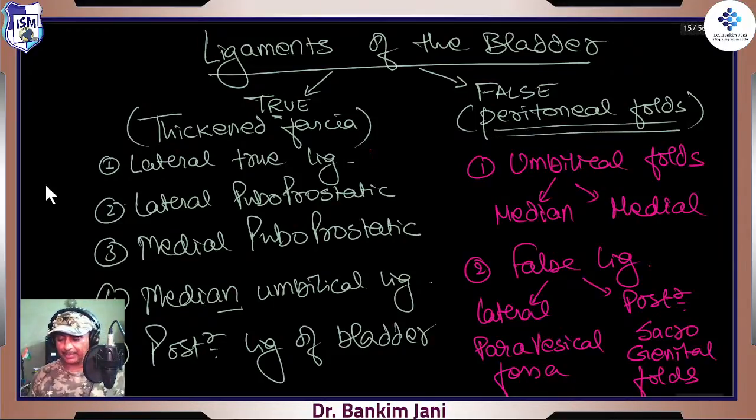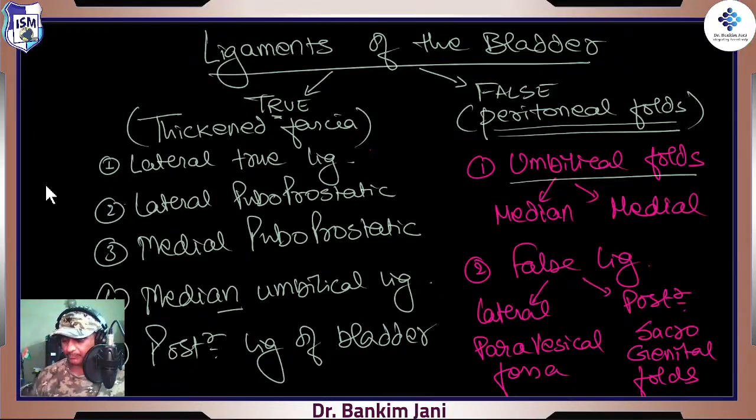So when we say peritoneal folds, those umbilical folds, yesterday we saw that, right? There was a median umbilical fold. So what is a fold? There was the median umbilical ligament, which was the remnant of the embryological urachus, and because it is a tough structure, on that there is a peritoneal fold.